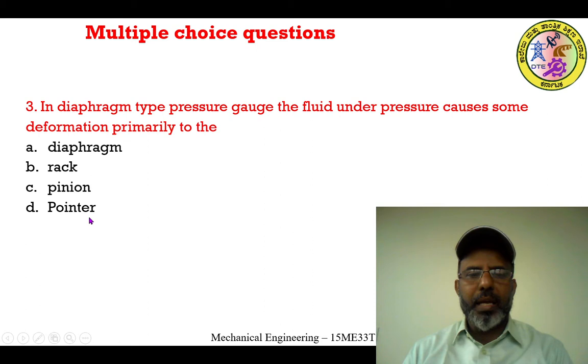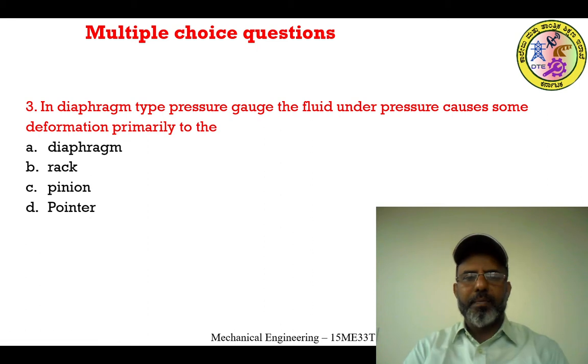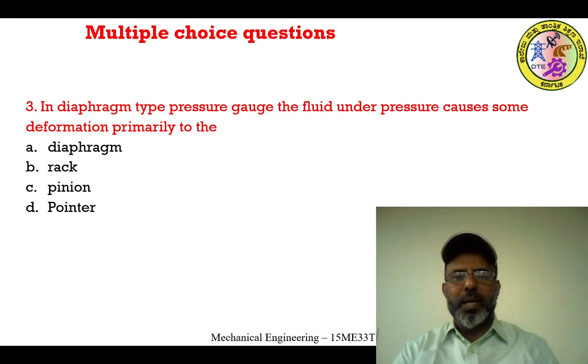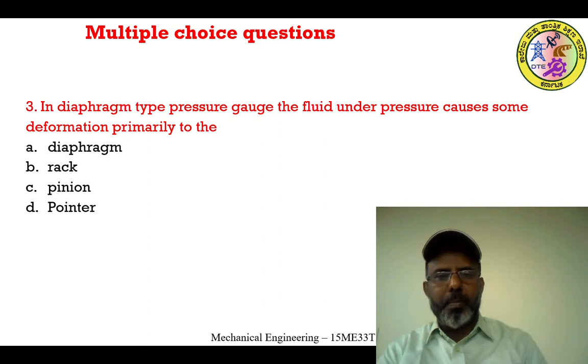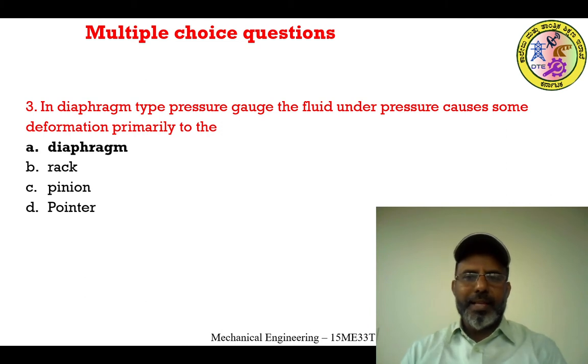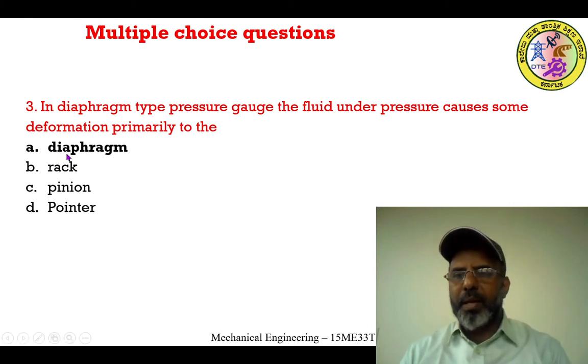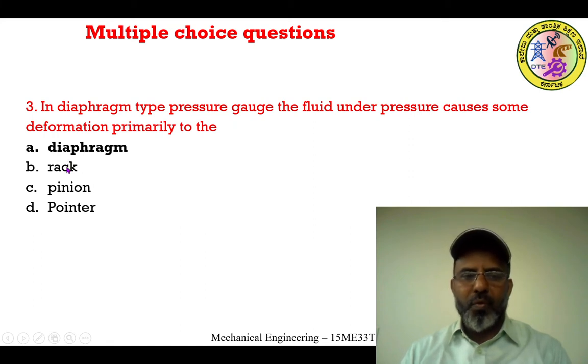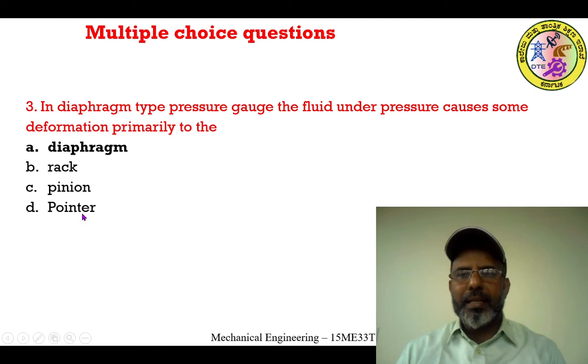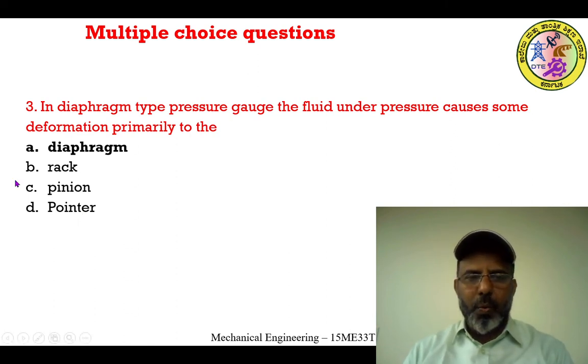The correct answer is diaphragm, the corrugated diaphragm. Rack, pinion and pointer are strong mechanical devices with no deformation. Only the corrugated diaphragm gets deformed in a diaphragm type pressure gauge.